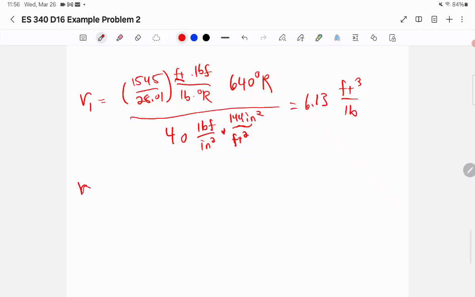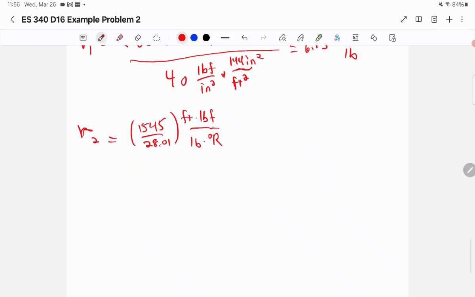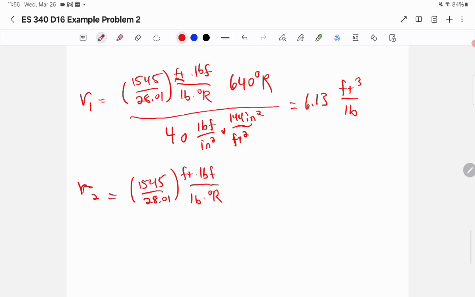V2 is going to be a similar process, just using the fact that it's an ideal gas. So that's going to be 1545 over 28.01 times foot times pound force per pound times degree Rankine. The temperature was 450 degrees Rankine.